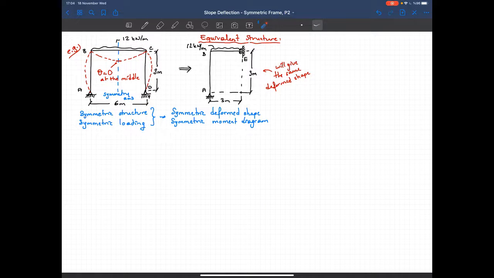Okay, now let's do discretization now. Remember that my aim is not to simplify the solution here. My aim is, by looking at the deformed shape, can I generate a simpler, a smaller model? So in that sense, I generated an equivalent structure where I have less members. So when I do the discretization, these are the nodes and members.